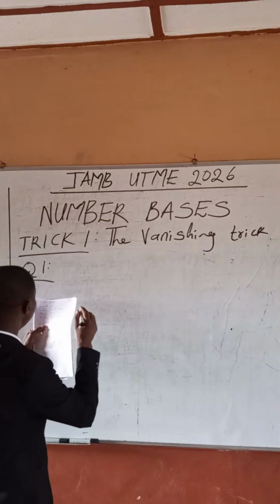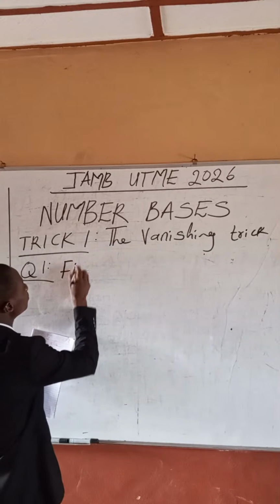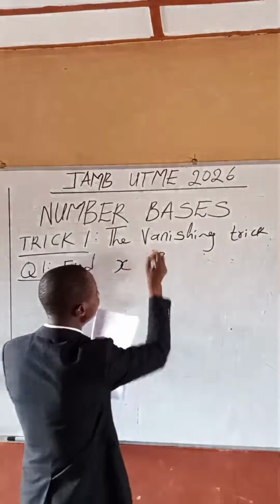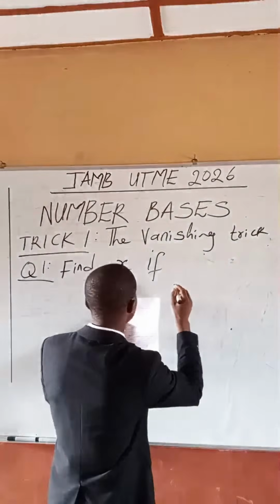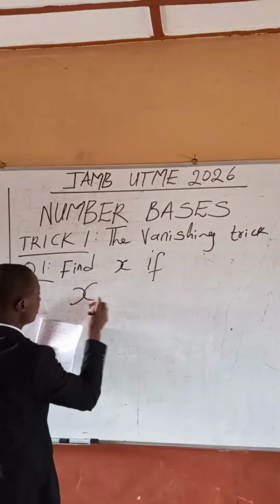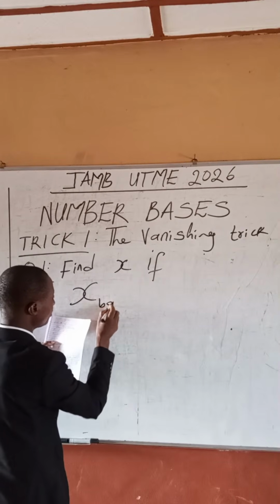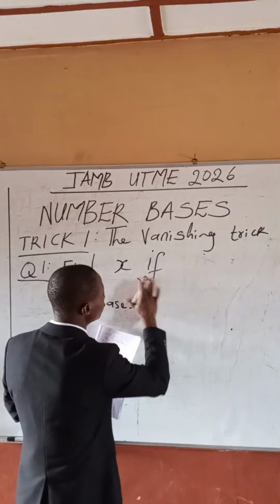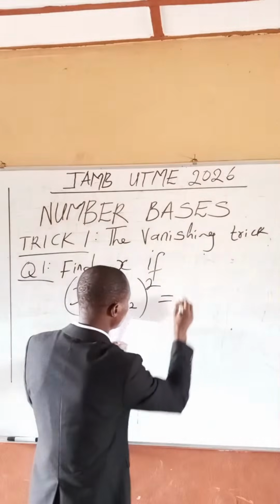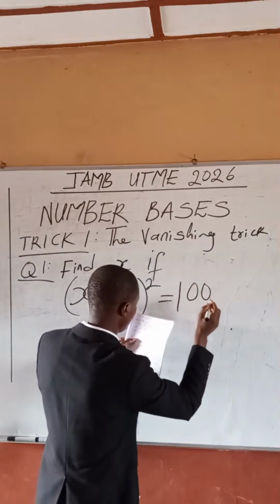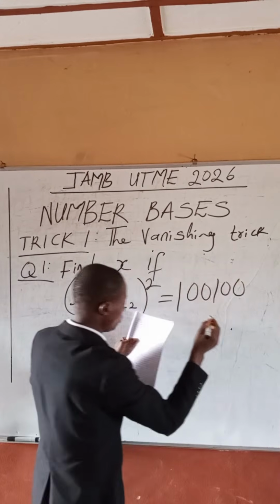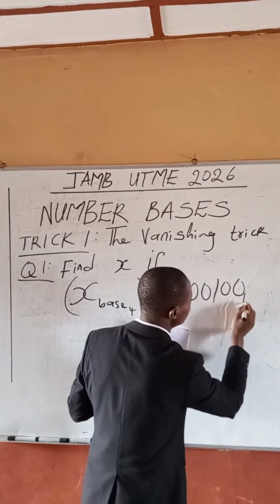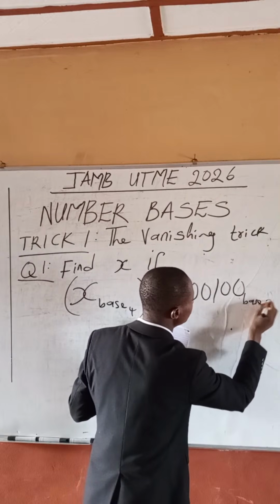The question is this: find x if x to the base of 2, all squared, is equals to 100 to the base of 2. This is the base of 4, and this is to the base of 2. Okay, this is base 2.